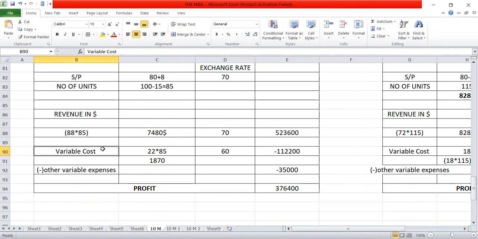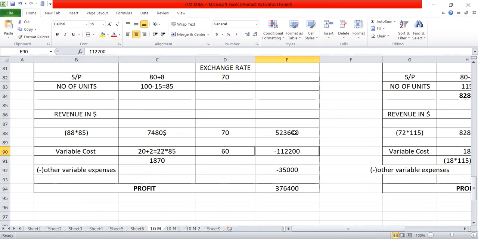Now the variable cost we also have to check. The variable cost is 20 rupees, so when the price is increased by 10%, this is 20 plus 2, that is 22. 22 into 85, the quantity demanded, that is 1,870. So 1,870 into 60 rupees exchange rate is 1,12,200 rupees.